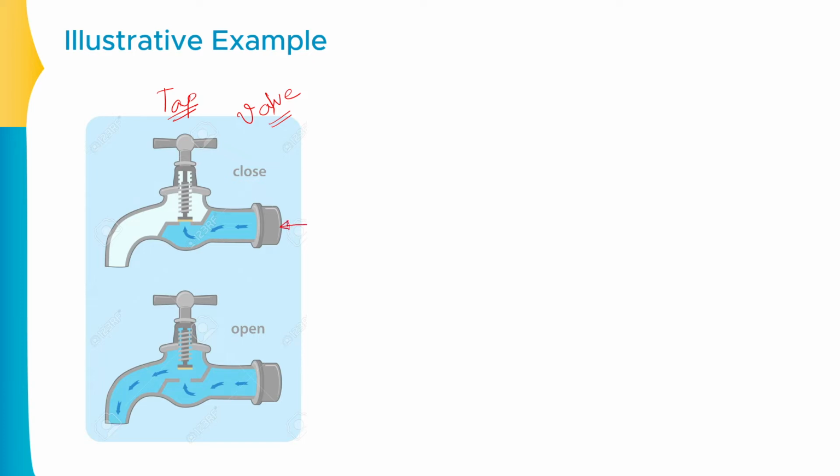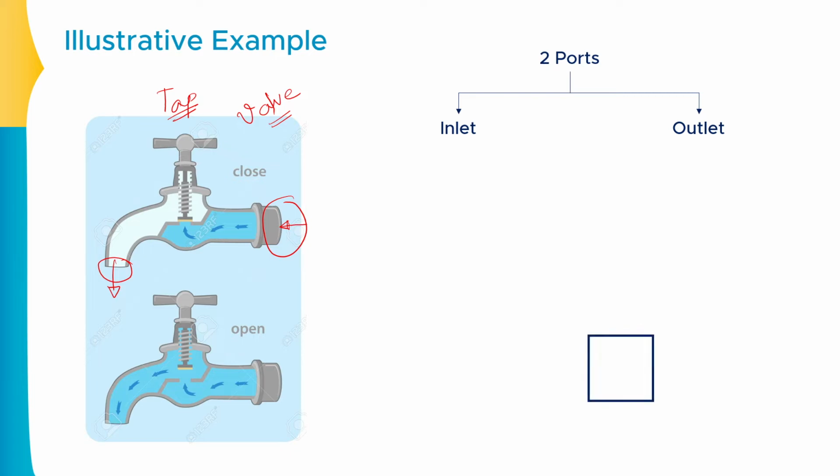There is one inlet available, or we can say this is the inlet port, and there is one outlet available, which is also known as the outlet port. So I can say there are a total of 2 ports available. One is the inlet port and the second is the outlet port. Now always remember that to represent any kind of valve, or say any kind of control mechanism, we actually use a square.